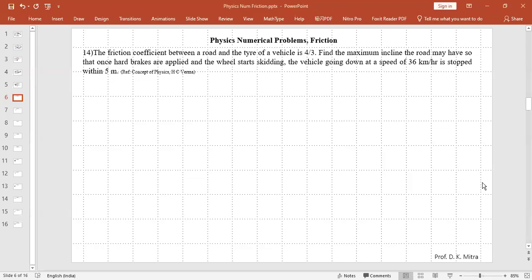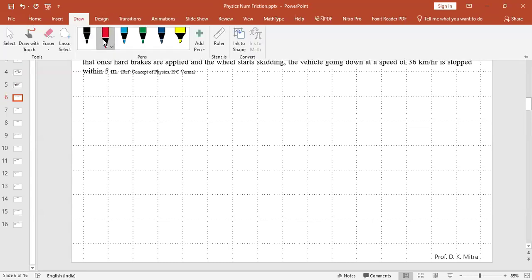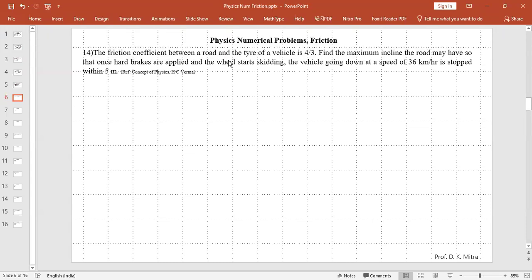Let's take another problem from the chapter of friction. The problem says that the frictional coefficient between a road and the tire is 4 by 3.